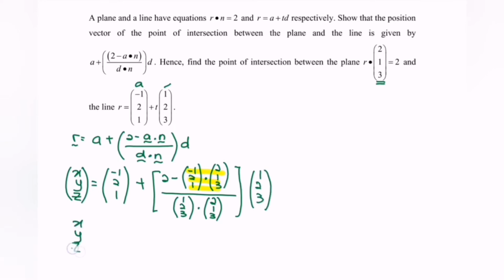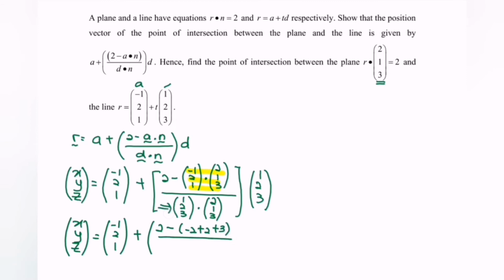x, y and z equals (-1, 2, 1) plus bracket 2 minus the dot product. So we will have negative 2 plus 2 plus 3 over the dot product of this part, which is 2 plus 2 plus 9, multiplied by (1, 2, 3).